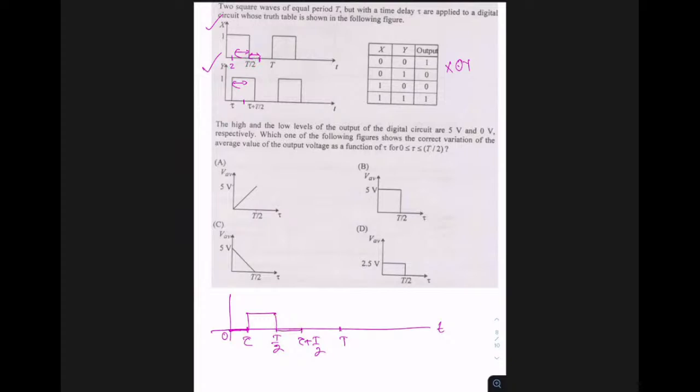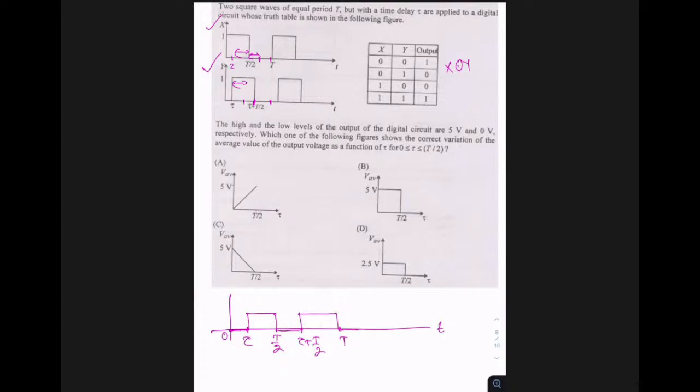Then again from tau plus T by 2 to T, both are 0, so 0 XNOR 0 is basically 1. So up to T you'll get 1. And beyond T, this is 1 and this is 0, so it will be 0, and so on and so forth.